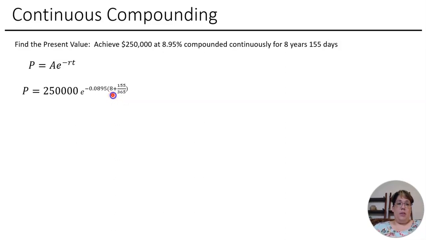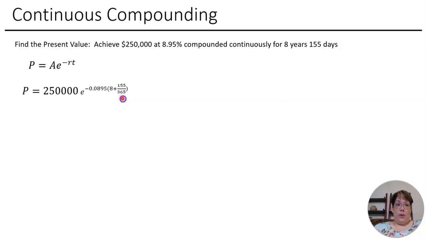We have 8 years plus 155 days. Whereas before we used 155 over 360, here we are going to use 155 over 365, because anytime you use continuous compounding, you're going to use 365.